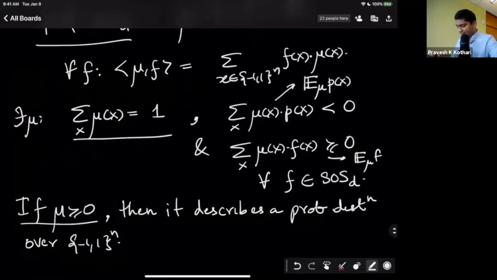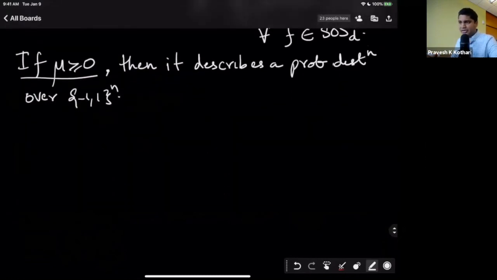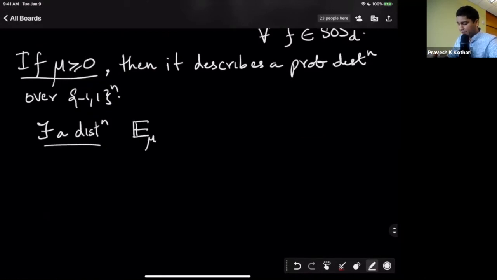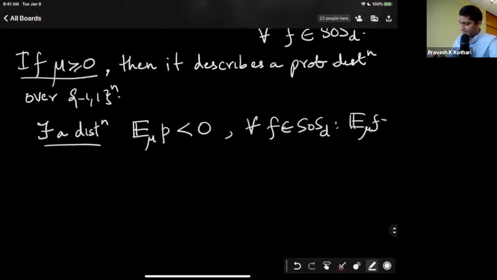In this special case, which we are essentially just dreaming of right now, what we are saying is that there exists a distribution such that the expectation with respect to it of the function P that did not have a certificate is negative, while for all f in SOS_D, the expectation of f is bigger than or equal to 0.